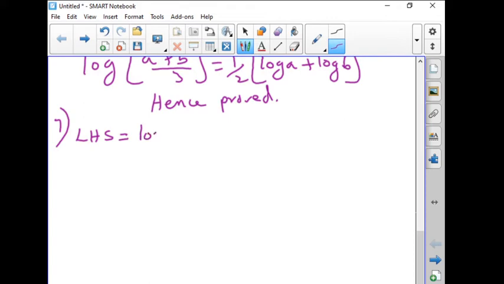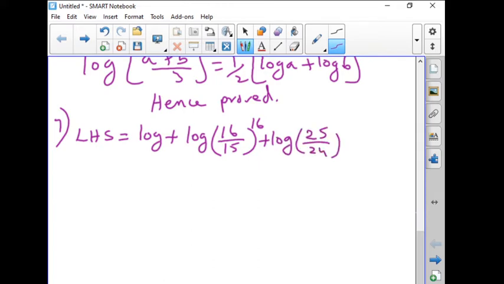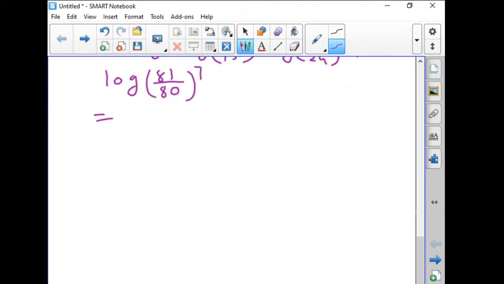So log 2 plus log 16, using power rule, this can be written as log (16 by 15) the whole power 16 plus log (25 by 24) the whole power 12 plus log (81 by 80) the whole power 7. Okay, now we have to prove this is equal to 1.